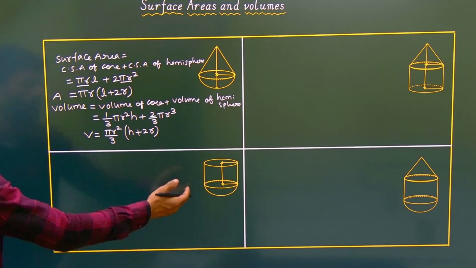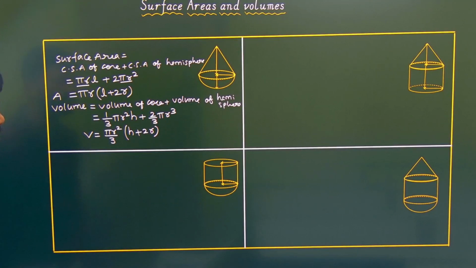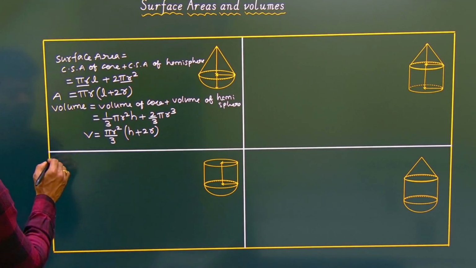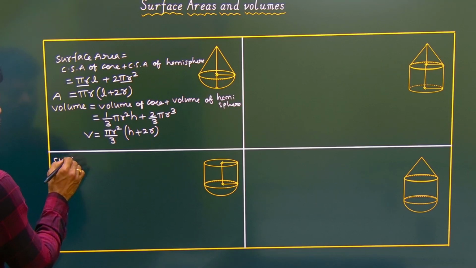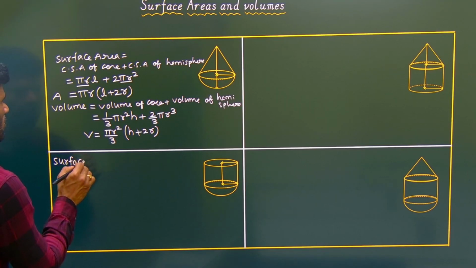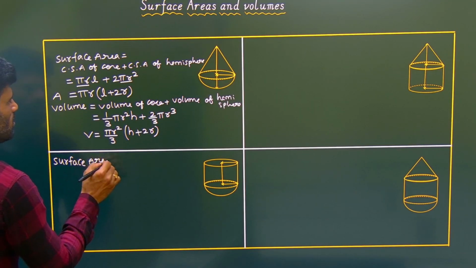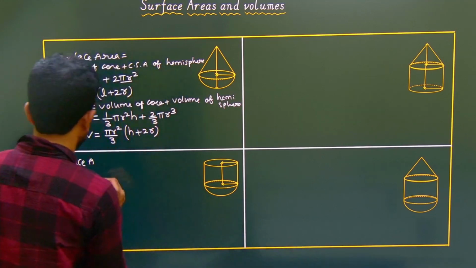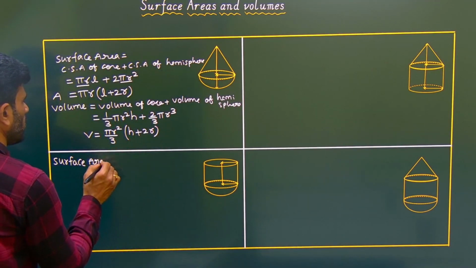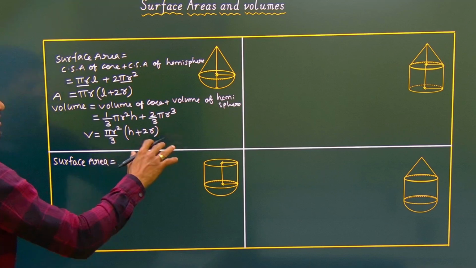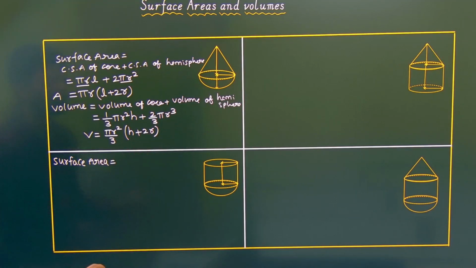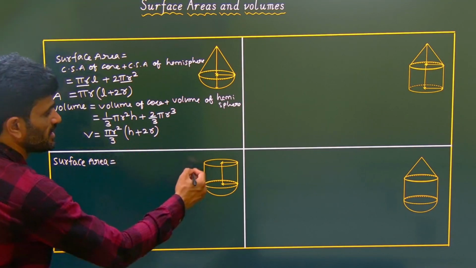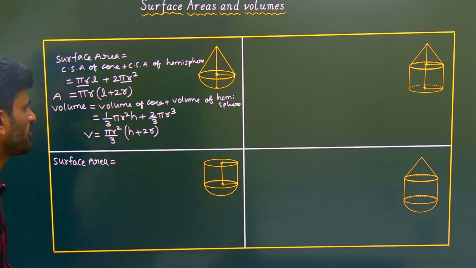Now coming to this solid, it is a combination of both cylinder and hemisphere. So here how can we find surface area? Surface area is what here? If it is a hollow cylinder or empty cylinder, then what happens? There will be no top. If there is no top we will not consider. Only CSA of cylinder and CSA of hemisphere we will consider.